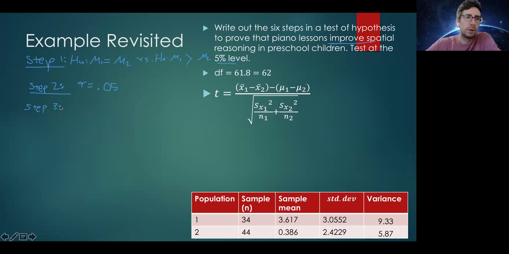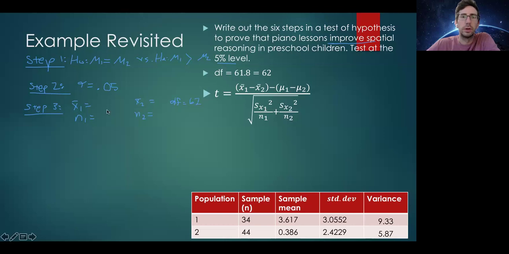Step 3 is where we write out our statistics. So we have X bar 1, we have our sample size 1, we'll have X bar 2, sample size 2, and our degrees of freedom, which we have calculated already.